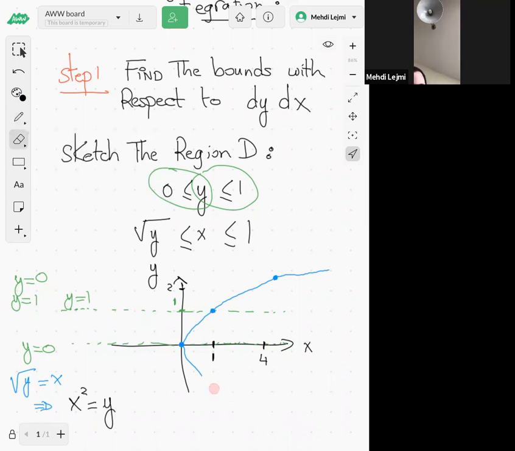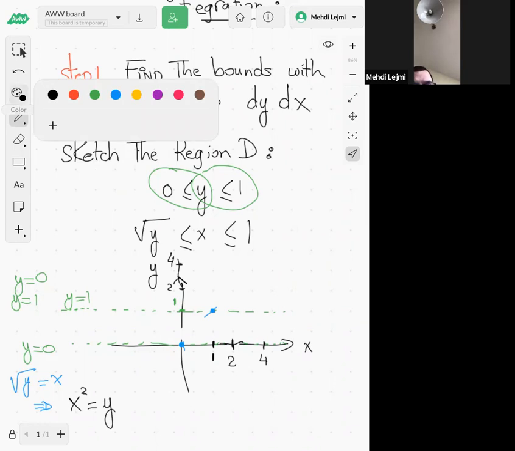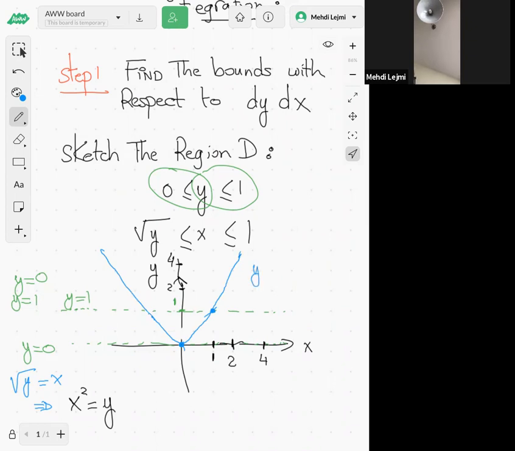This is x equal to y squared, sorry. So y is equal to x squared, of course. Then that will be this parabola here. So this is y equals x squared.